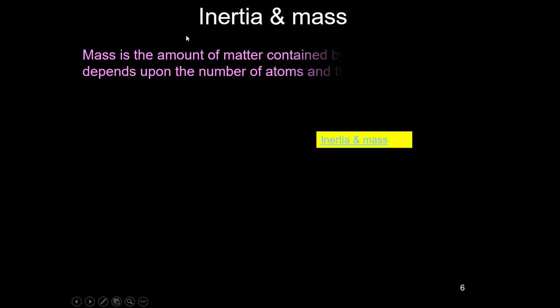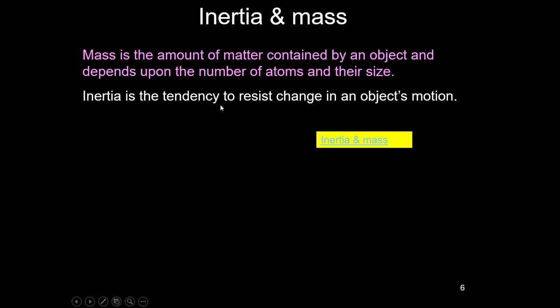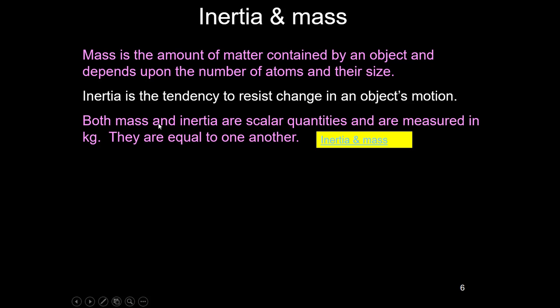So what is the relationship between inertia and mass? Mass is the amount of matter contained by an object and is dependent on the number of atoms and their size. So it's the amount of stuff you're made of. Inertia is the tendency to resist change in an object's motion. Both mass and inertia are scalar quantities and are measured in kilograms. They are equal to one another.